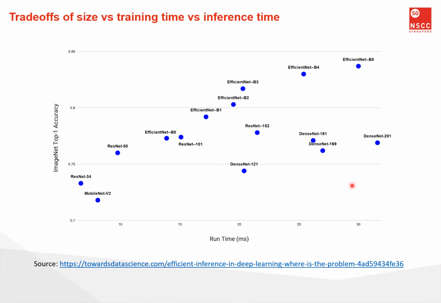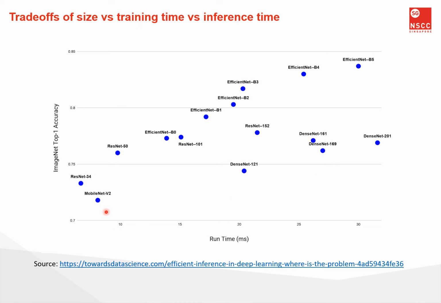What is not so good would probably be this one down here, DenseNet. It takes probably the largest amount of inference time to compute, but the accuracy is almost half that of the EfficientNet. So it's not ideal, but this is just another class of neural network architectures that are available.